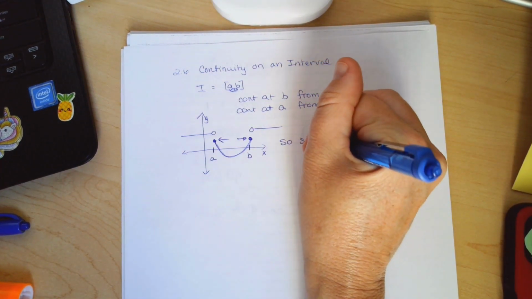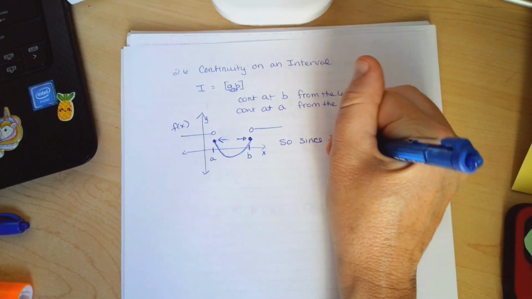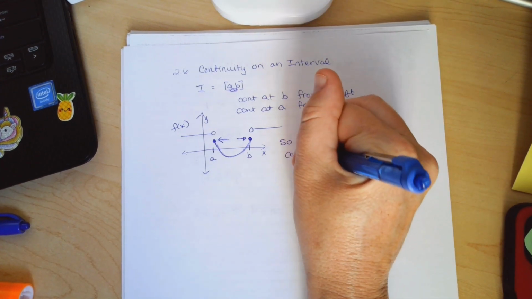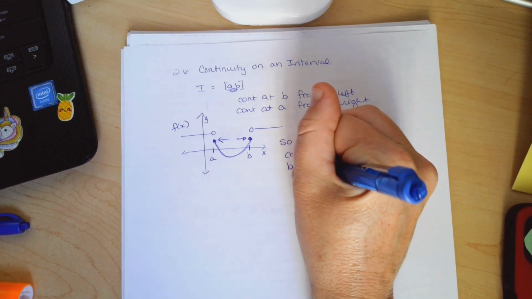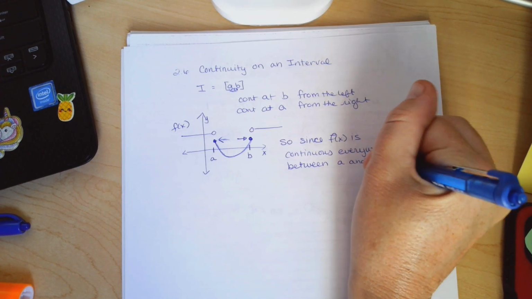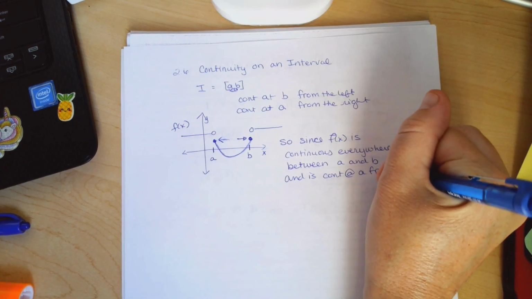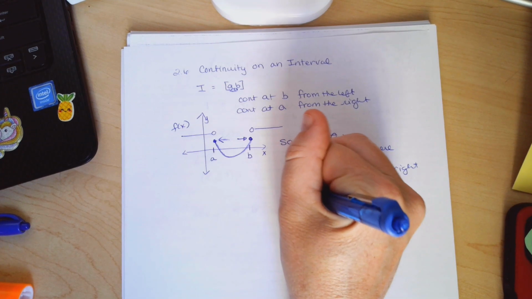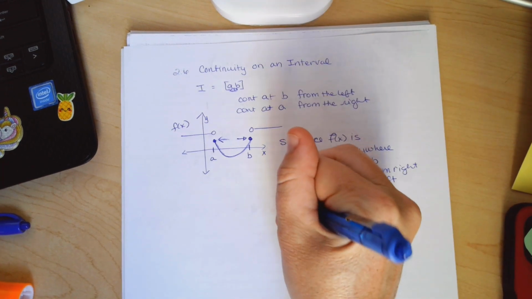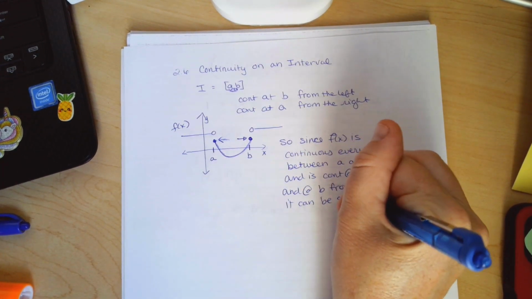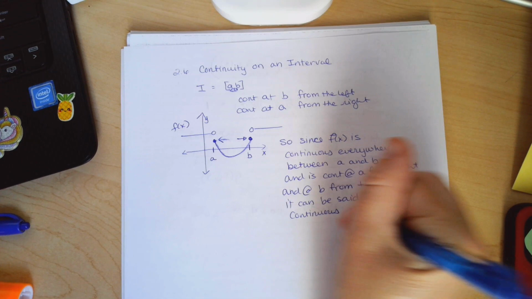So since, I'll call this f of x, since f of x is continuous everywhere between A and B and is continuous at A from the right and at B from the left, it can be said f of x is continuous on interval I.